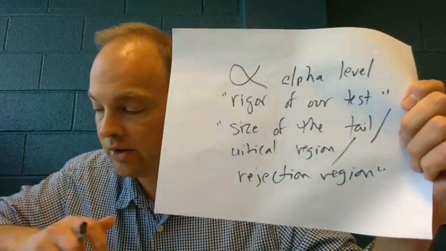It simply means the rigor of our test, which is also the size of the tail, critical region, rejection region. Sorry, I know that's a lot of writing, but that's the alpha level.